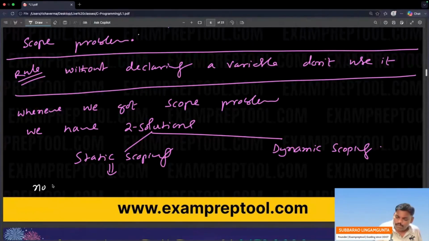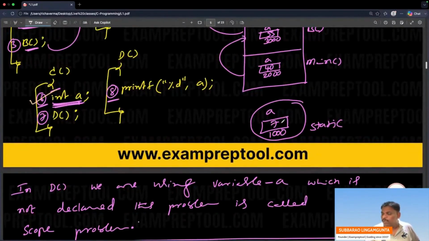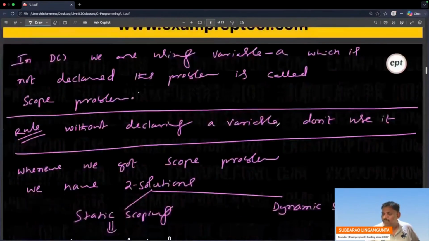So the answer for this problem is, no local, print global. I think global is 7. 7 will be printed.